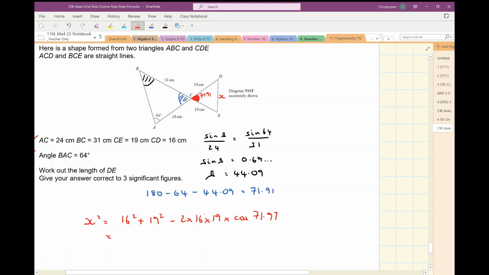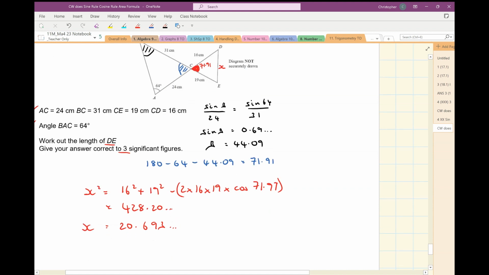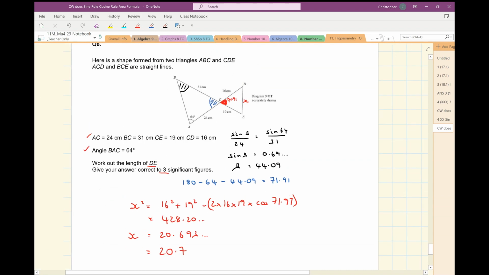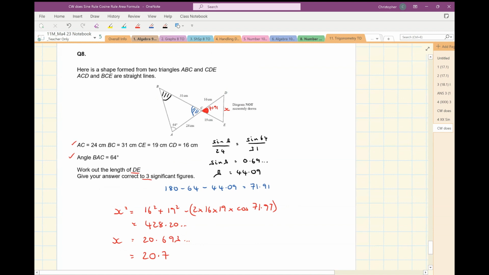All right, now, bit of work on your calculator, and you'll find that x squared is 428.20, and so on. Square root that, and you get x is 20.693, and so on. So that's the length of DE, but we're asked to give it correct to 3 significant figures, so I would give the answer 20.7. And that is question 8 finished.